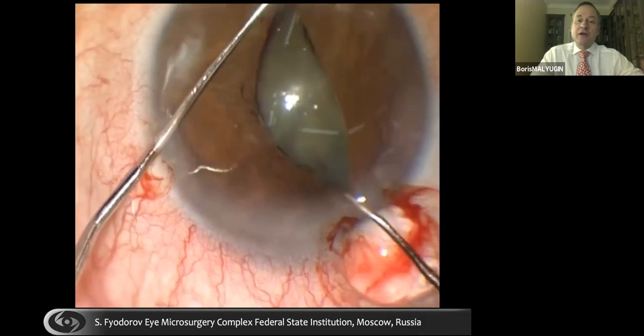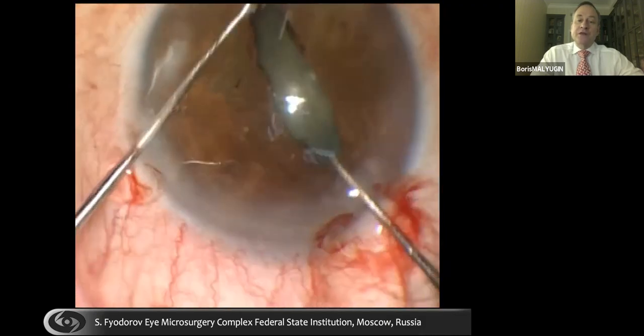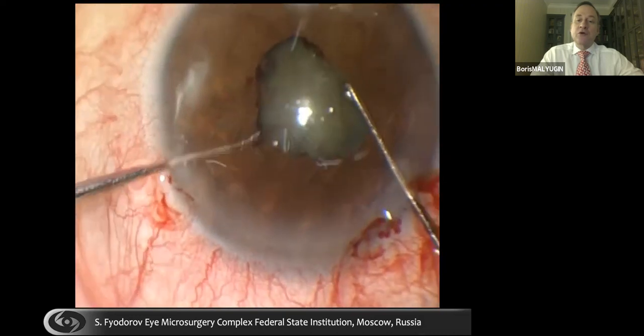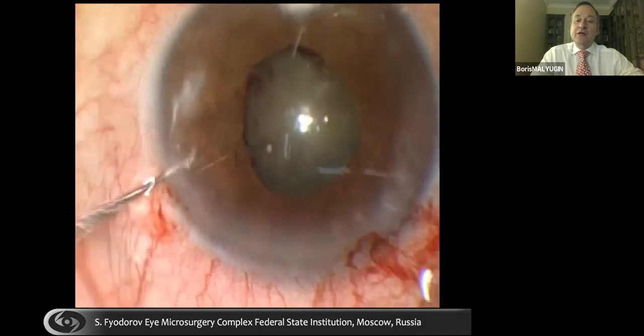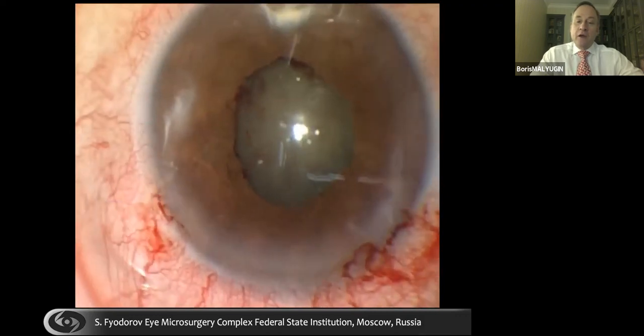And by doing that, we are sometimes able to see and visualize the pupillary membrane, which is attached to the posterior surface of the iris.